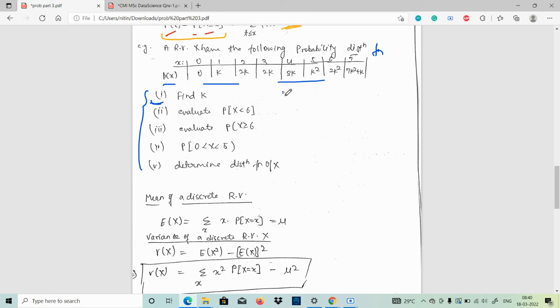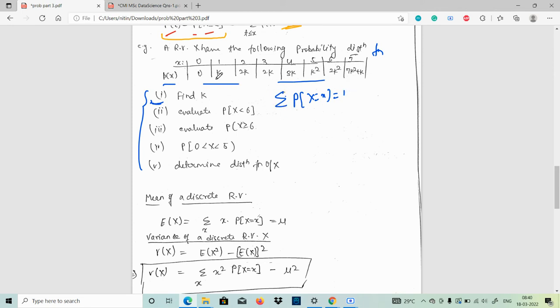Do you have any idea how we are going to find k? Yeah, yeah. The sum of the probabilities P(X = x) is equal to 1. So you need to add all these probabilities and solve for k, because it is going to be a quadratic equation, and then you can get the value of k.